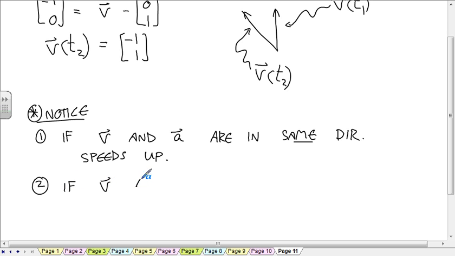If the velocity and acceleration vectors are in opposite directions, the object slows down.